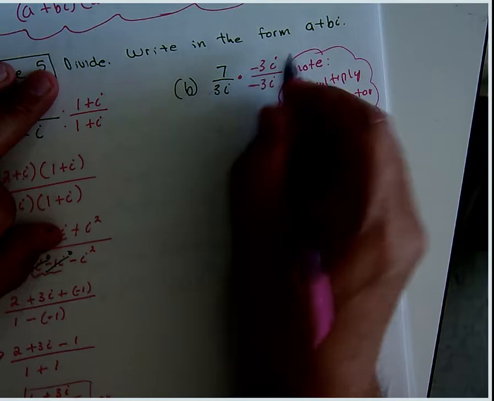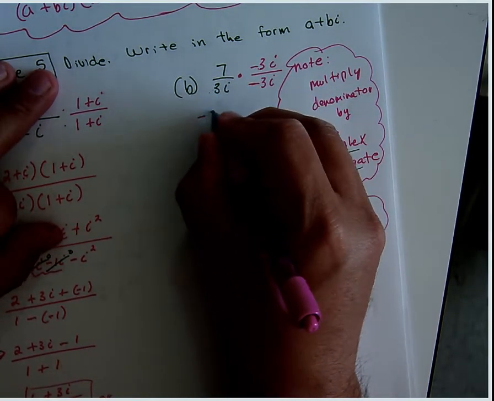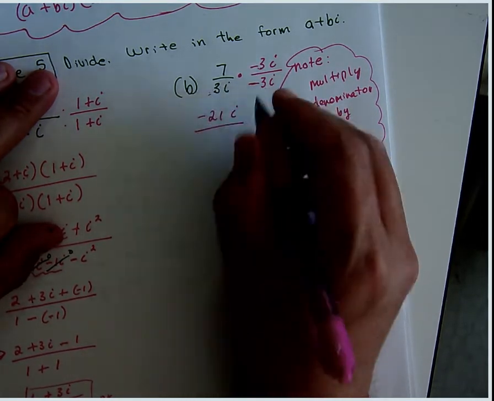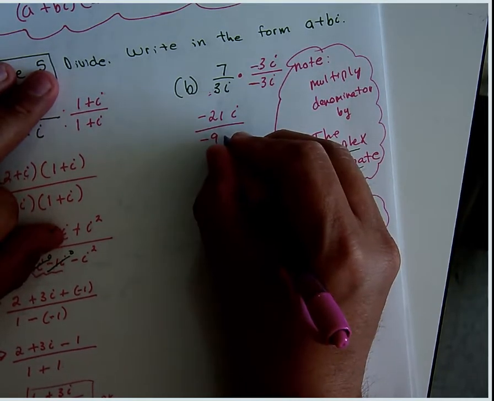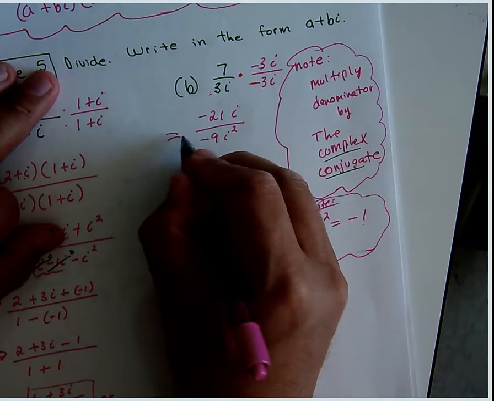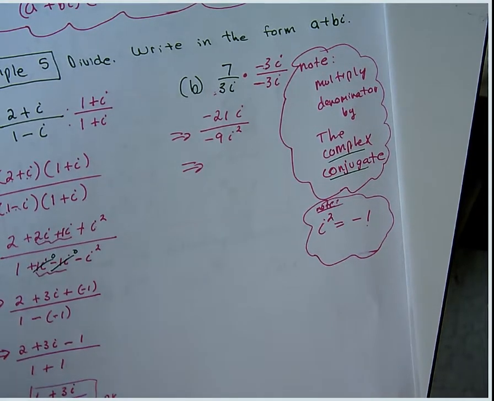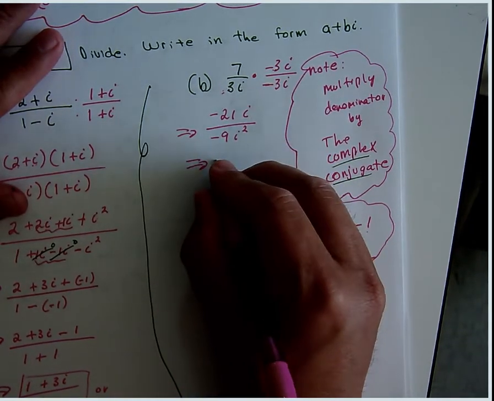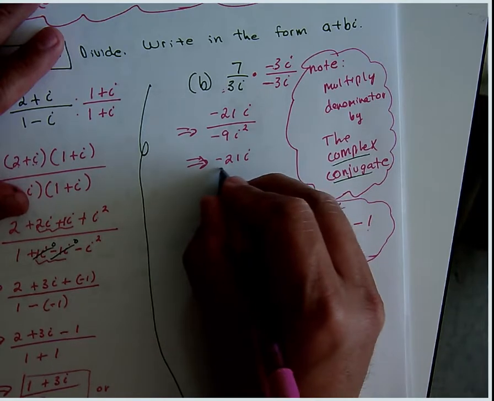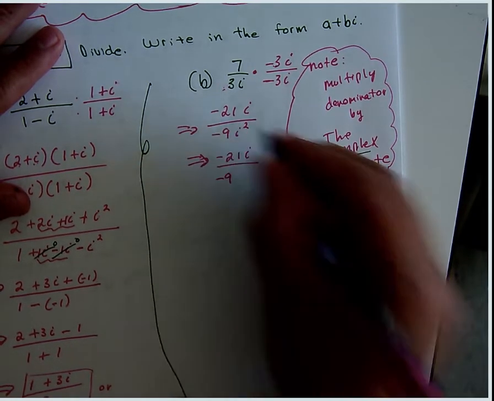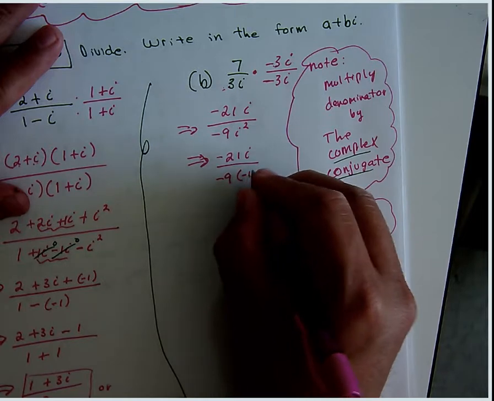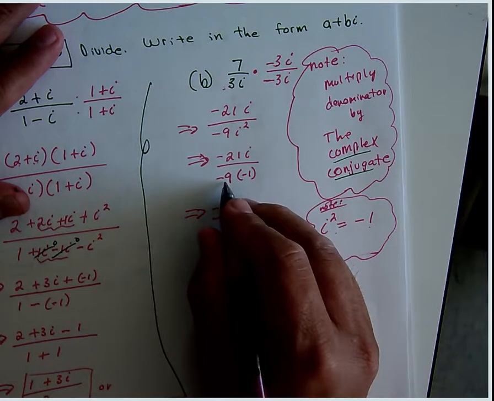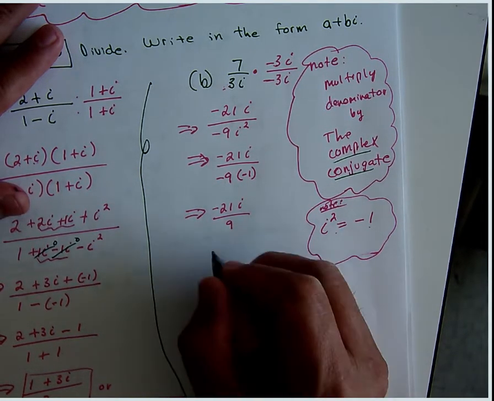So now multiply across, so 7 times 3 would be negative 21i over 3 times 3, 9. i times i would be i squared. So negative 21i over negative 9 i squared, remember, becomes a negative 1. So negative 21i over negative 9 times negative 1 would be positive 9.